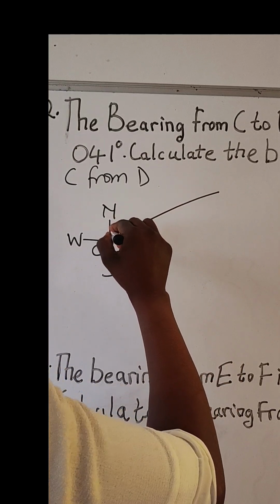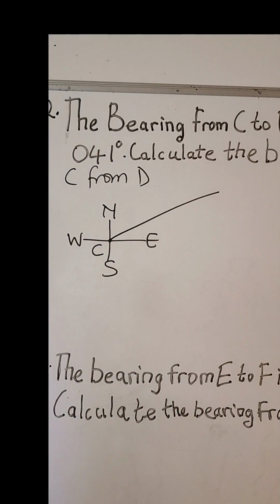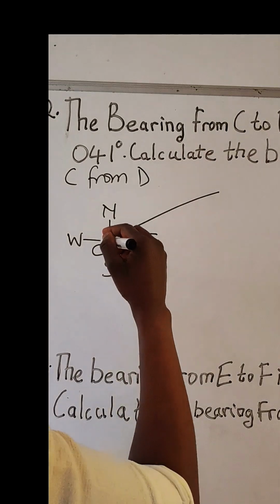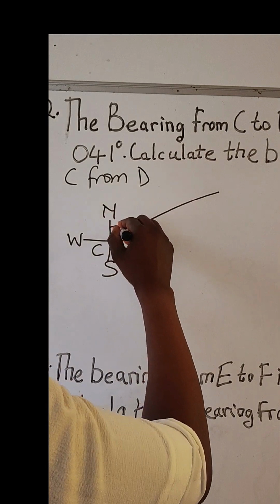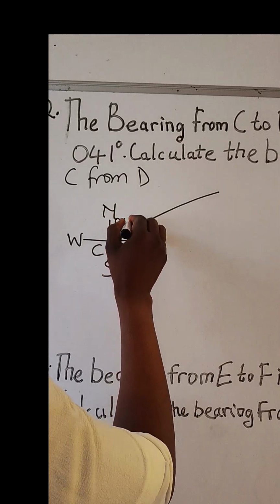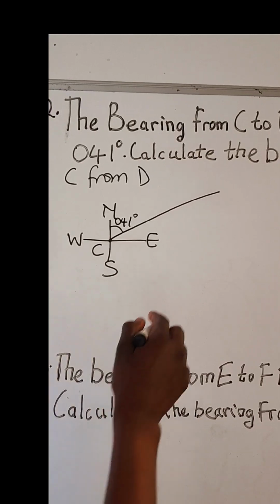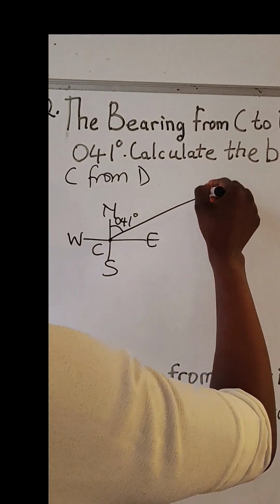So moving from north in a clockwise direction gives my 41 degrees here. That is the bearing from C to D.